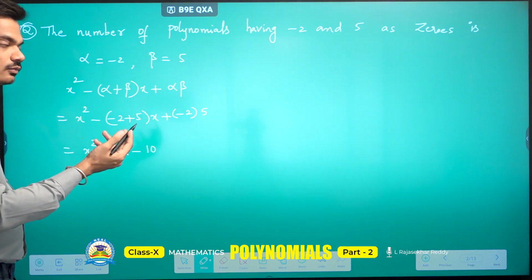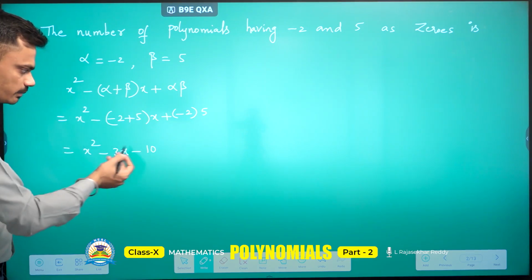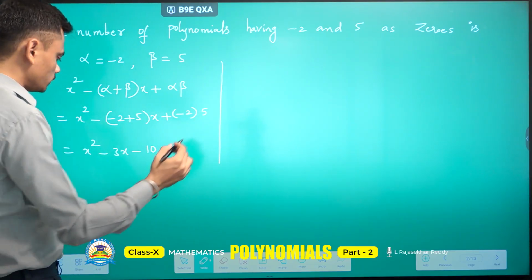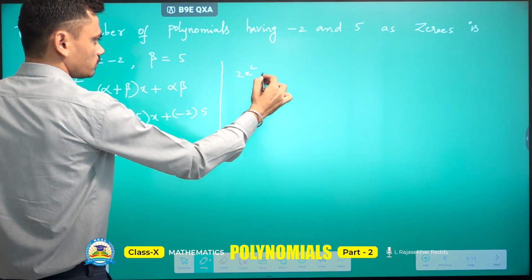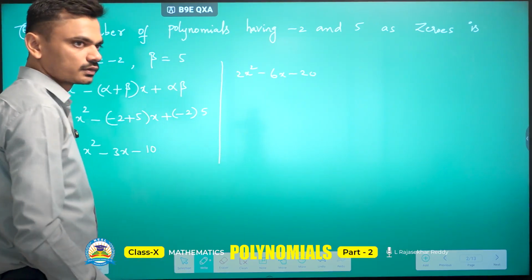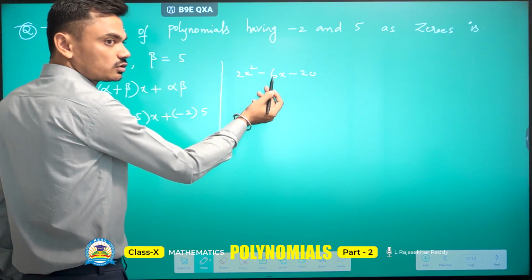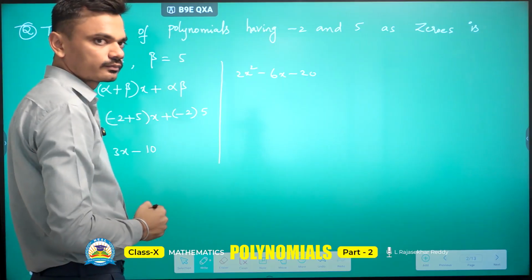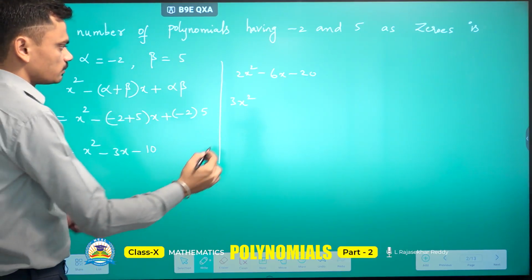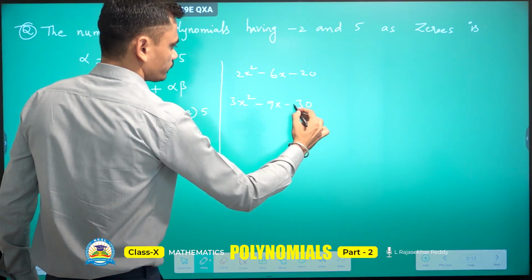Still, how many quadratic polynomials can we write? If you multiply this complete polynomial by 2, what will you get? 2x² - 6x - 20. This is also a required polynomial. If you find the zeros, you will get -2 and 5. If you multiply by 3, 3x² - 9x - 30.